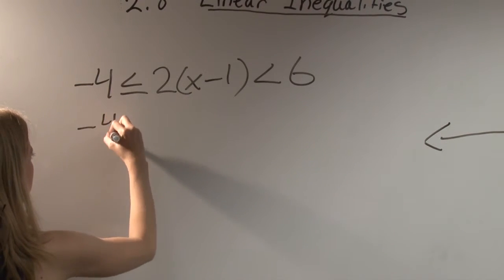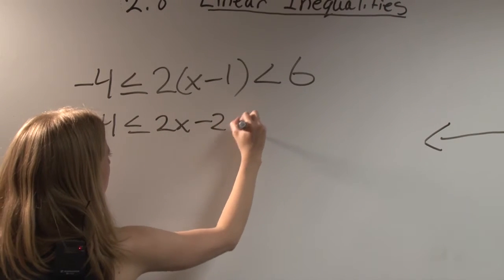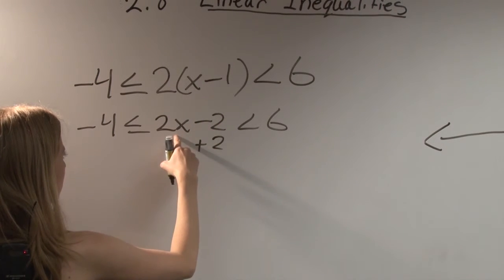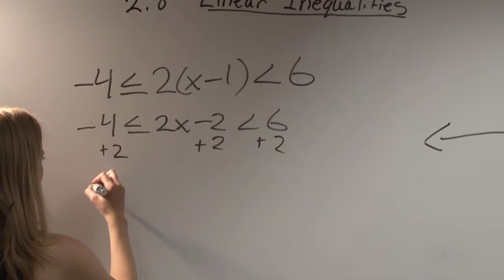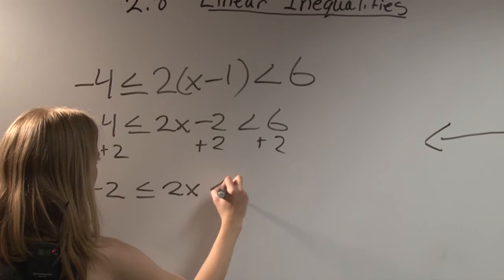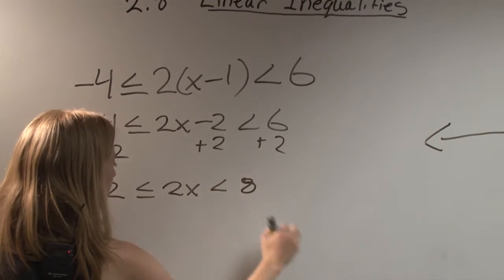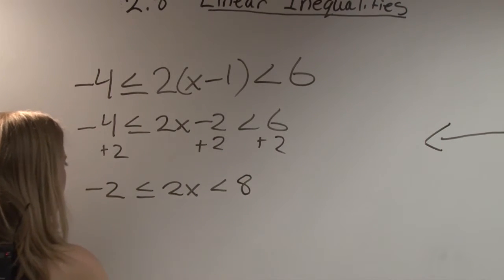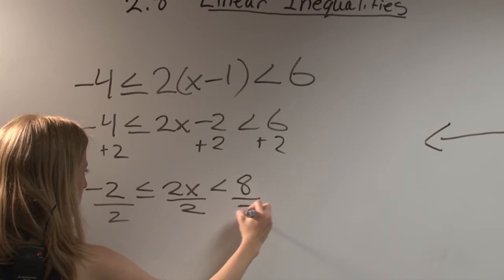So first I'm going to distribute the 2. Then to get the x by itself, I need to get rid of that 2 in the middle. So add 2 to both sides, and then divide out that 2 in front of the x.